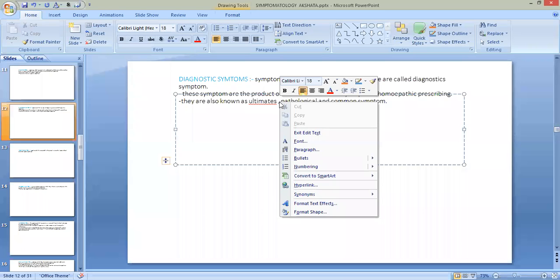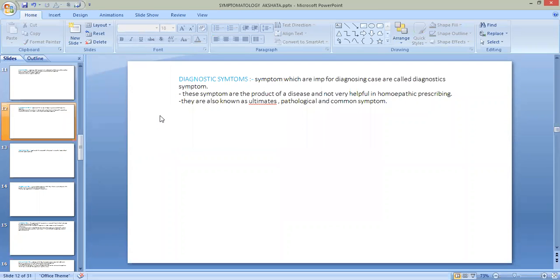So the diagnostic symptoms are the common symptoms of the disease, and when we are prescribing homeopathic medicine, these symptoms are not useful symptoms, or we cannot use these symptoms for selecting the simillimum, because we are considering the patient as a whole, not his disease, not his clinical condition, not his part or organ which was suffering.